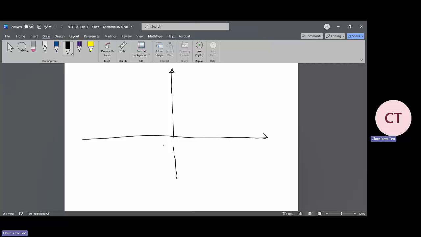So I draw with freehand, so my graph will not be perfect compared to those using a graphic calculator to draw. Okay, so over here I just show you the graph. But again, in exam, you're supposed to use a ruler with a proper scale to sketch a graph.